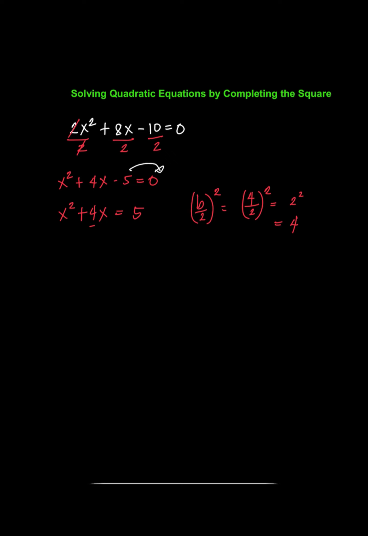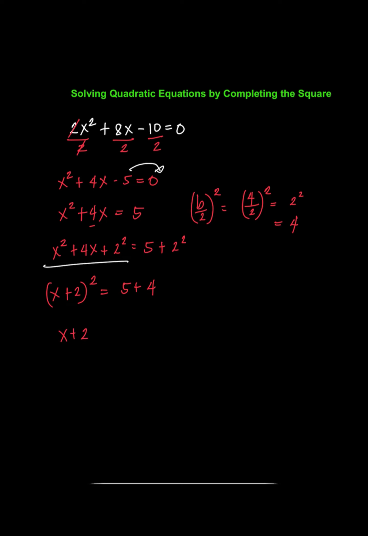So, i-add natin siya on both sides ng equation. X squared plus 4x plus 2 squared equals 5 plus 2 squared. The next is i-square natin ulit yan, which is x plus 2 squared equal to 5 plus 4.